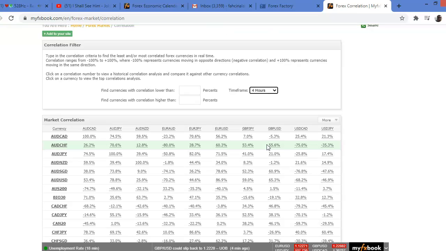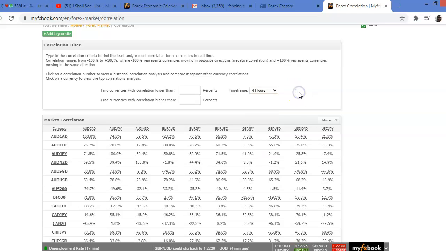It gives a stronger, better gauge of the correlation. Now what you need to understand is there is no set hard and fast rule about correlation. Correlation changes per time frame, like displayed here.